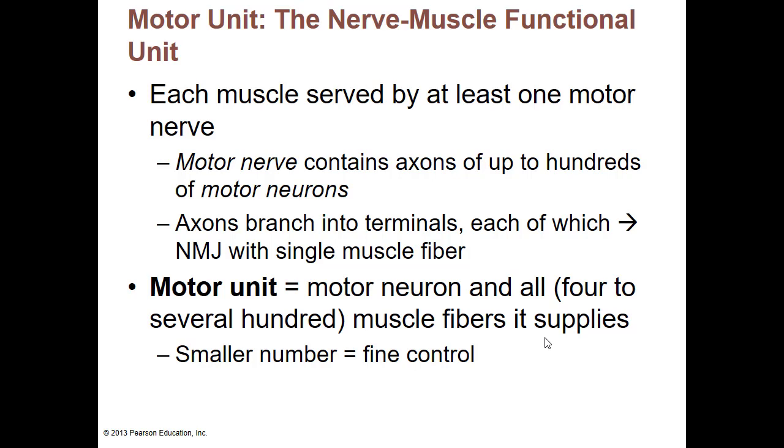Axons branch and go out and control the muscle. Now, the smaller the number that a motor neuron controls, usually you have finer control. You have really fine control in your hands, even in your eyelids. That generally is because you have smaller numbers of fibers controlled by each axon.